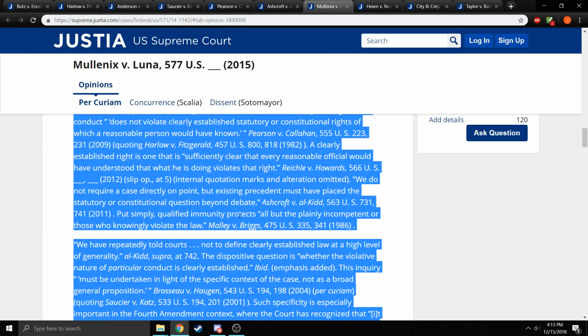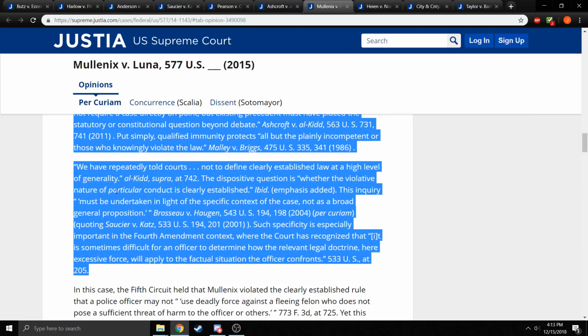Put simply, qualified immunity protects all but the plainly incompetent or those who knowingly violate the law. We have repeatedly told courts do not define clearly established law at a high level of generality. The dispositive question is whether the violative nature of the particular conduct is clearly established. This inquiry must be undertaken in light of the specific context of the case, not a broad general proposition.